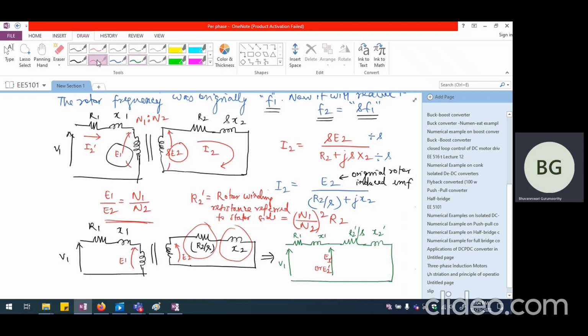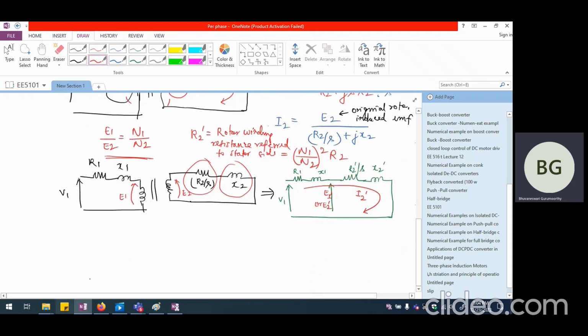Now what I have as the current, this current is going to be I2 dash or I1. Either way is fine. So I should be able to write I2 dash or I1 is equal to V1 divided by R1 plus R2 dash by S plus j times X1 plus X2 dash.